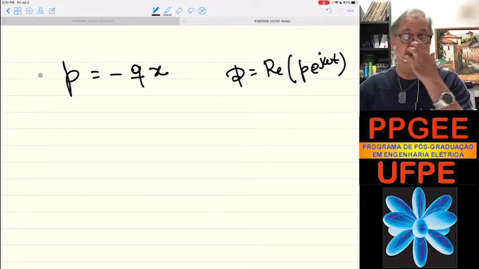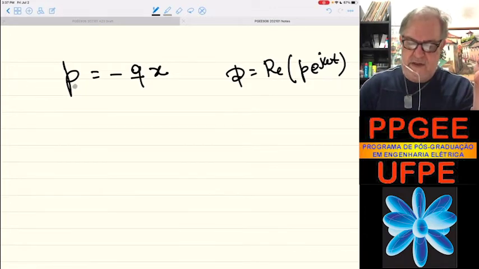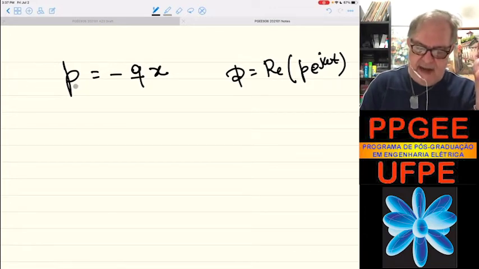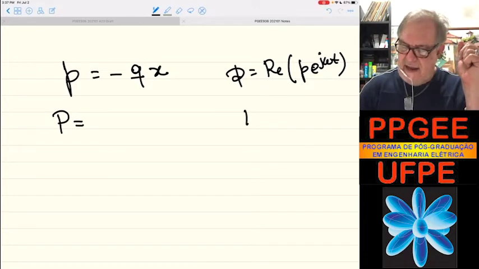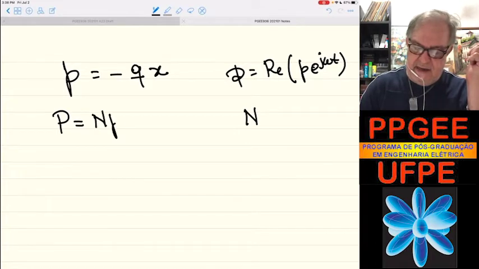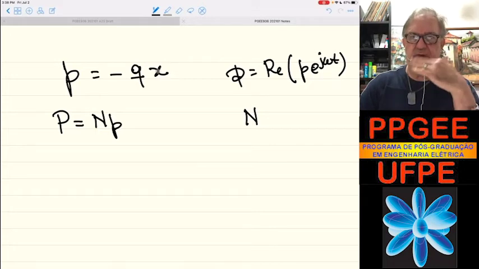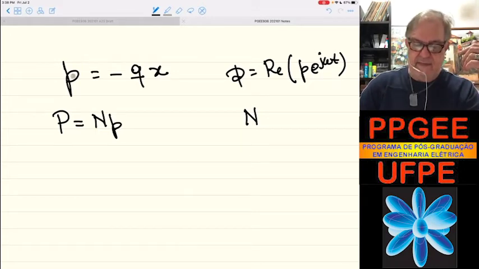So we are calculating everything in the complex domain. So P is given by that. Polarization is given by, let's assume that we have n dipoles per unit volume. So it's going to be n times P. I'm not going to put the expression right now, I'm just going to show the step by step, all in the complex domain.